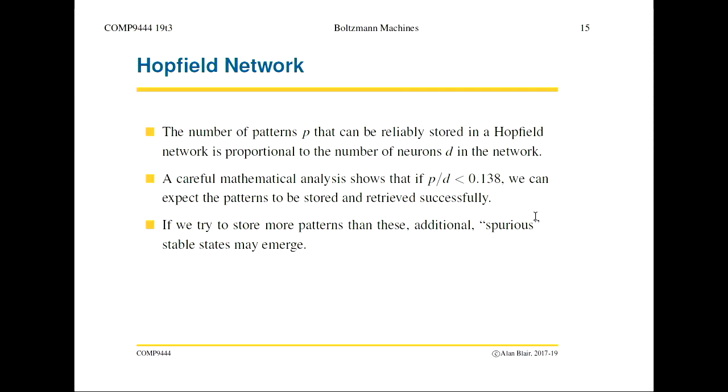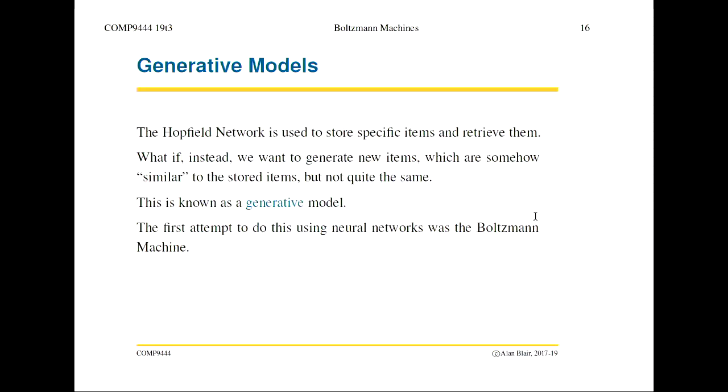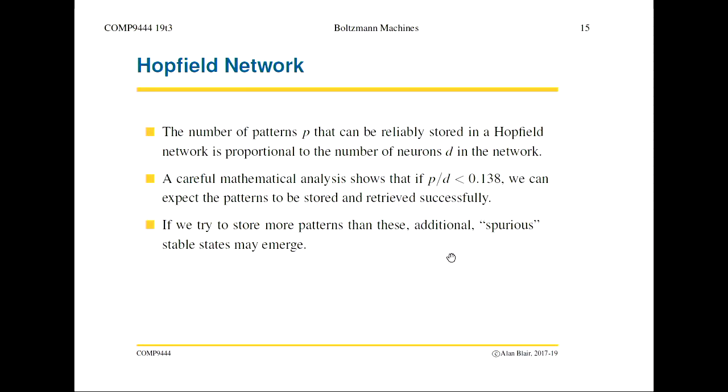So if that ratio is less than 0.138, we can expect the patterns to be stored and retrieved successfully. If we try to store more patterns, then we may get spurious stable states emerging.